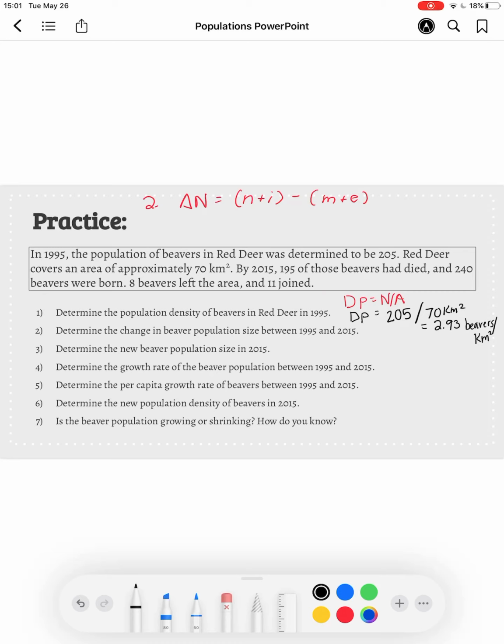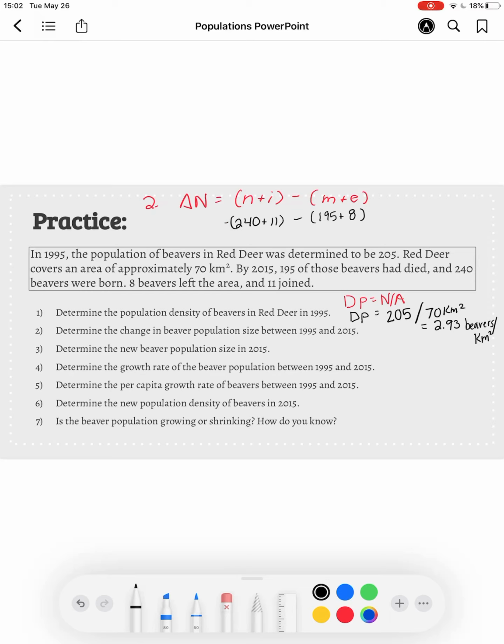It says by 2015, 195 beavers had died. So that would be mortalities. I'm going to put 195 here under M. And 240 were born. So under N, I'm going to put 240. 8 beavers left the area. So that's emigrants. So 8 beavers left and 11 joined.